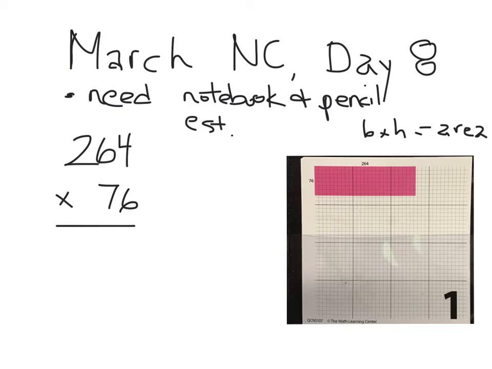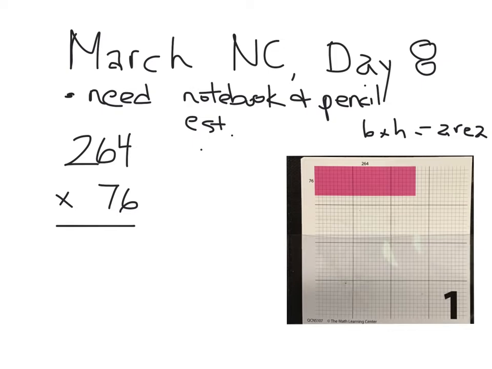So I look at that and I say, well, I know this is going to be less than that full number. So I look at my estimate, I see 264, and I'm going to round these to the hundreds just to get kind of close here. 76 is about 100. You can also say that's 25 away from 100.